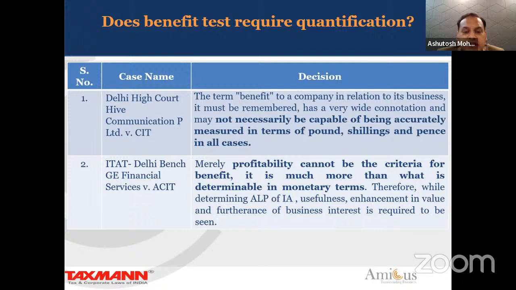All you can demonstrate is through circumstantial evidence that yes, these services were indeed received. And as we shall see in a subsequent slide, the best way to demonstrate that these services have been received is to give indirect evidence such as emails which testify that yes, you have received some IT services, troubleshooting emails, or maybe some documents on HR policy which you've got from the head office, conferences, presentations.